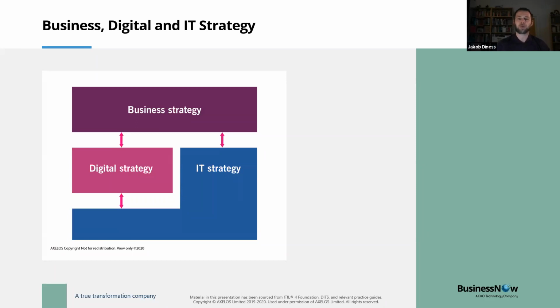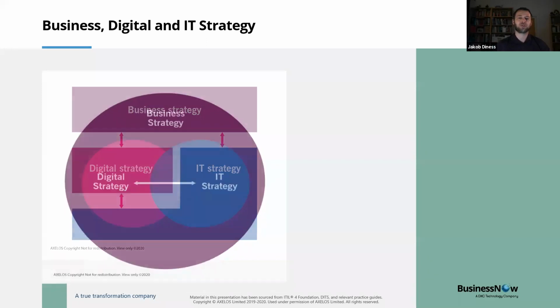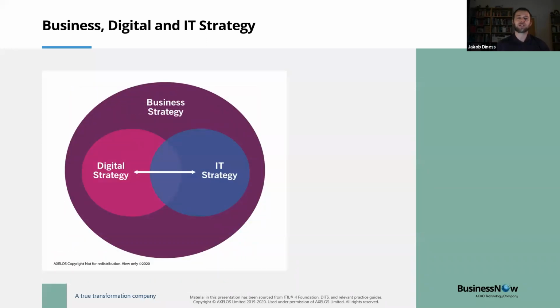This has some problems. So what they suggest in the book, and I very much subscribe to, is that you can see the business strategy as a whole, but the digital and IT strategy are part of that. And these two circles may be as big as the business strategy. So basically, you're having a business strategy based on digital technology.